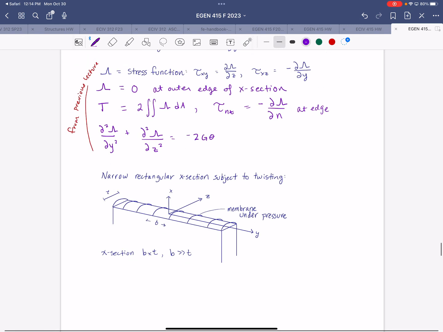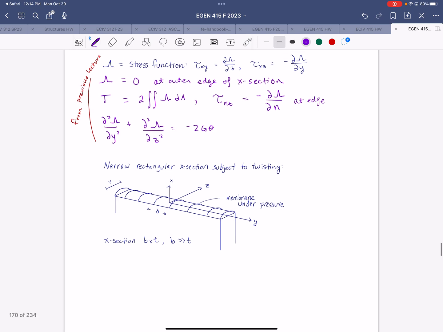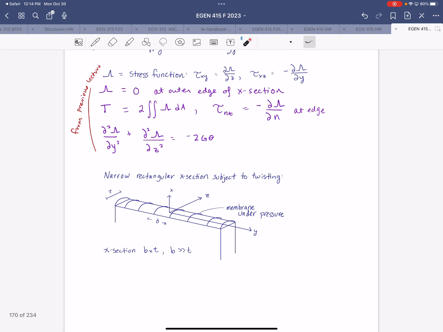And so applying this now to a thin section, or a thin segment at least to start, if we just consider a thin rectangular section first, that's subject to twisting about the center point, we would apply that membrane to the outer surface.